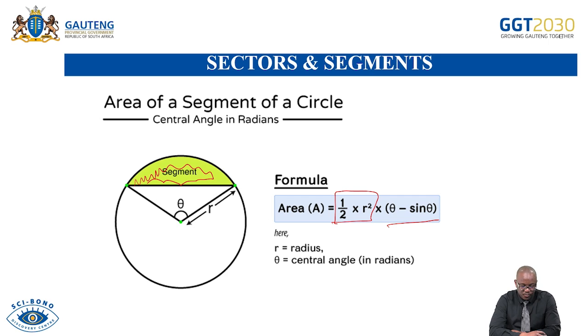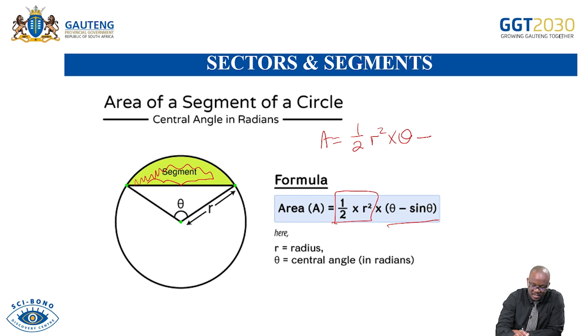So that's how you will get the area of a segment. In this case, you can see that they have simplified the formula. But in normal cases, you will have the area of a segment, which is 1 divided by 2 r squared multiplied by theta, minus the area of a triangle. The triangle we're talking about is that triangle there.